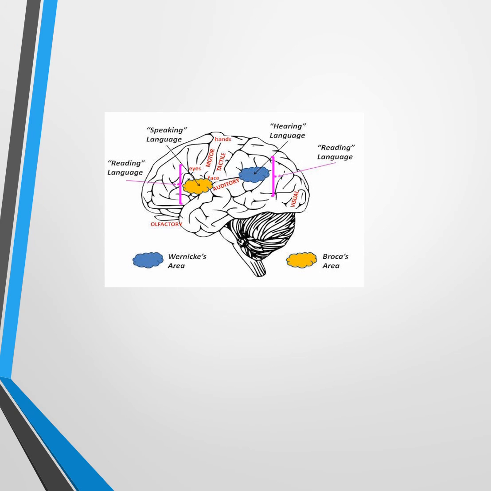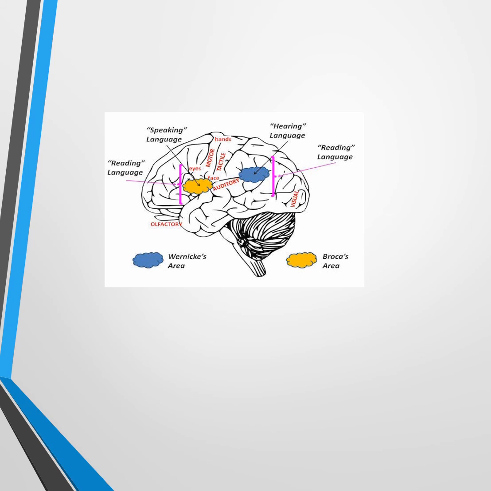There are different speech centers in the brain. Broca's area in the frontal lobes, the yellow portion, is important in speaking language. The reading area is in front of that. Hearing is in Wernicke's area back, that's the blue area on the brain, and reading is in the parietal lobe.